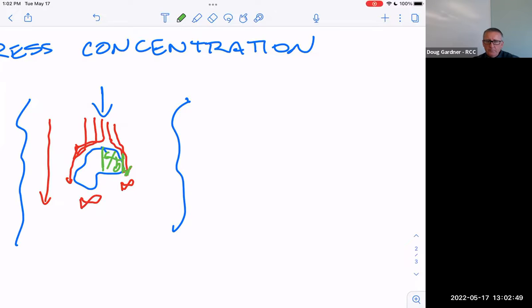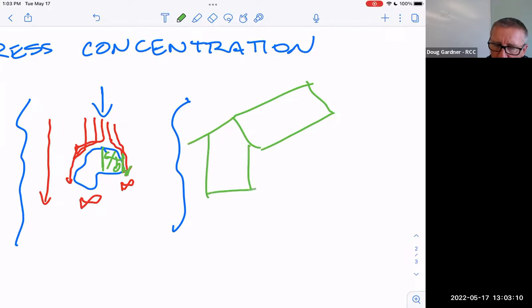In the case of a house, how does this work? You have a house. Actually, I think I'll draw this slightly differently. There's a house.